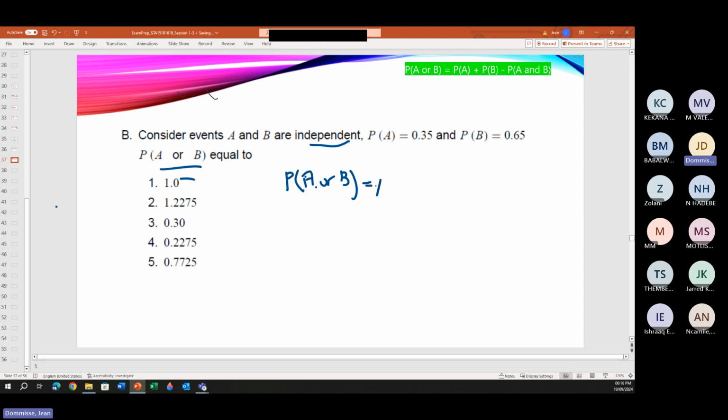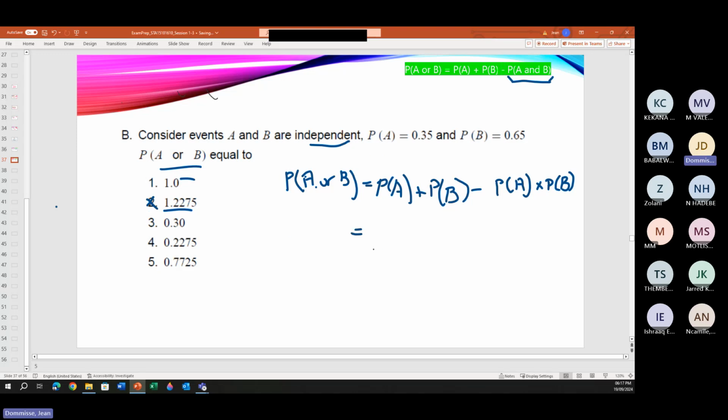So probability of A plus the probability of B. But then the probability of A and B for something that is independent, remember that is the probability of A times the probability of B. Okay, so again, options can't be 1.22, can't be more than 1.